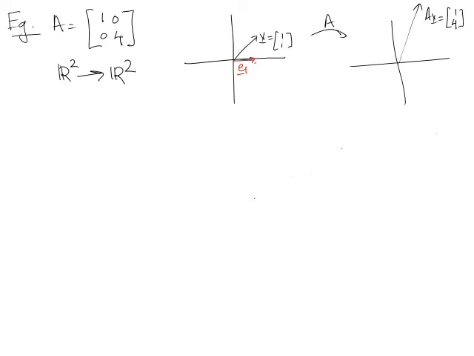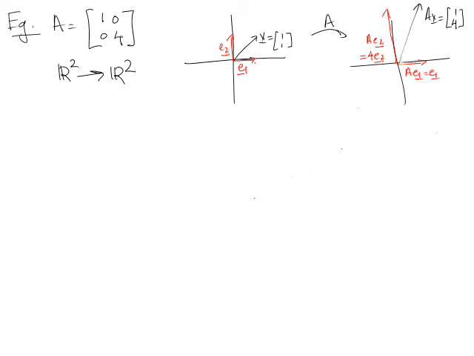It's just going to be the first column of A, which is just e1 again. So Ae1 is equal to e1. So the direction of e1 did not change when I applied A. And similarly, when you look at e2, this time you get that Ae2 is the second column of A, which is 4 times e2. Okay, so it did change the vector, but it just stretched it by some number, which is 4.